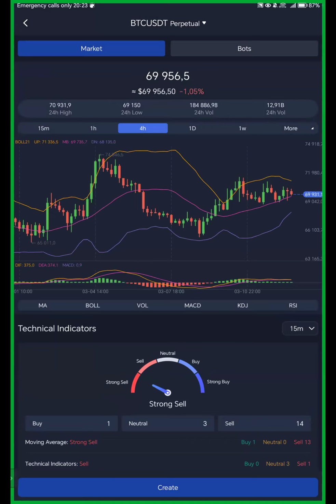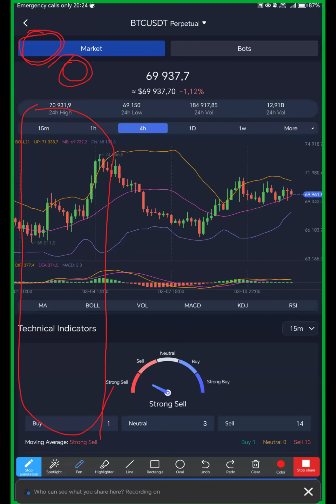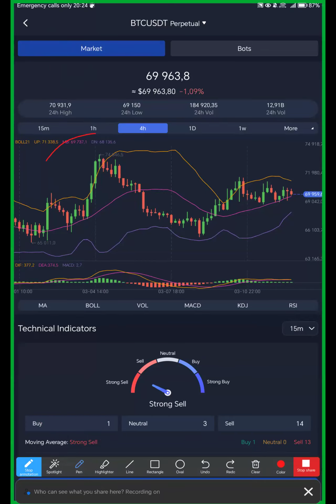So RoyalQ is able to give you what I call more like an overview, though it is not detailed, but it's going to give you an overview of the market for that particular asset that you are looking for. Right? So you can see that there is a representation of the market over here. The market of Bitcoin is having a representation in terms of candles. Okay, so this is the market. That's why here on top it is highlighting market.